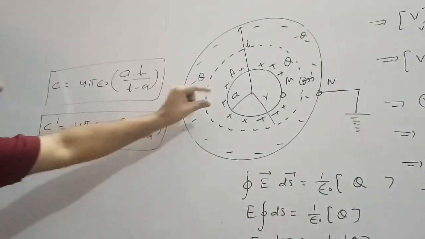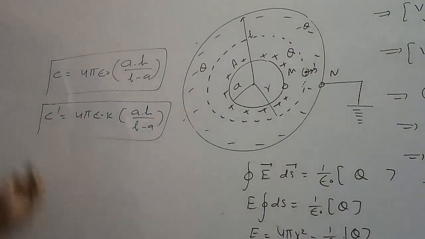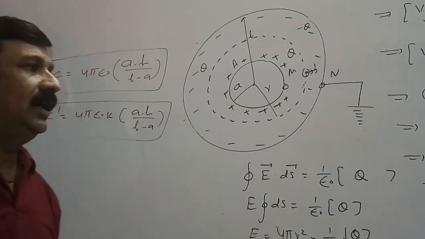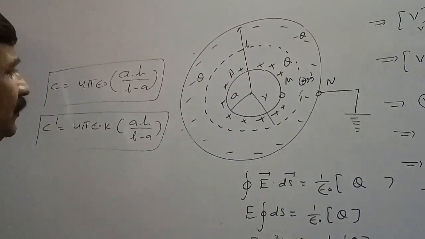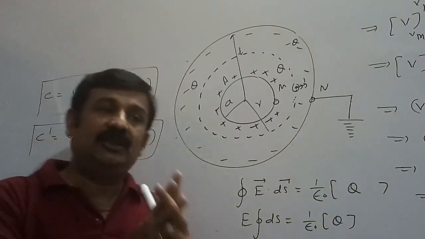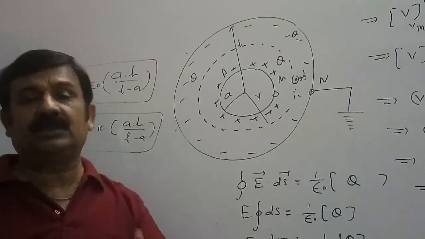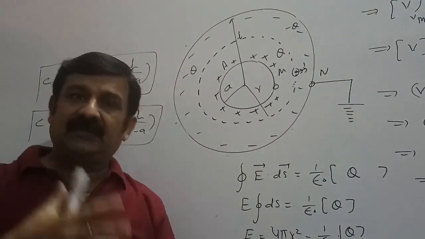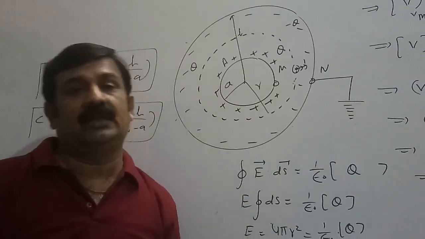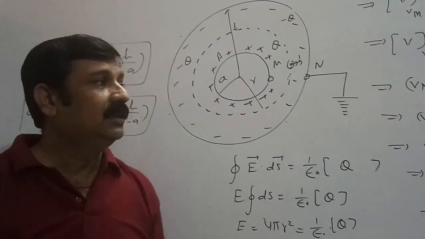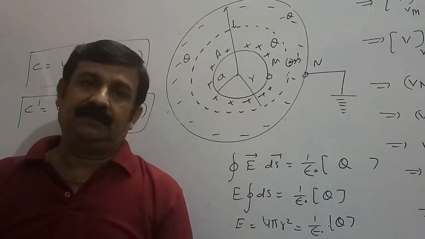What is A? Inner radius. What is B? Outer radius. Now, as you have seen in these two cases, as well as you will see in the last case also when we discuss the cylindrical capacitor, a capacitor means a device which is used to store energy and consists of two plates. So how can a spherical conductor store the charge? Because now we are saying that a device which stores charge consists of two plates.